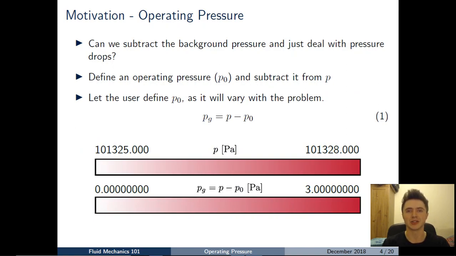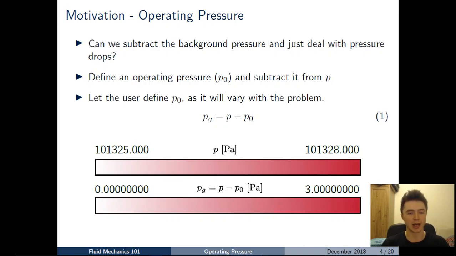The way I'd like you to think about it is to consider the two colour bars that we've got there on the screen. These colour bars might appear if you plot contours of static pressure from your CFD solution, perhaps for flow over an aerofoil or flow in an internal domain at atmospheric pressure. What you see in the top colour bar is the range of pressures you may see if you plot the static pressure.